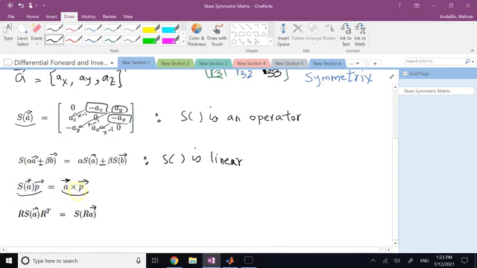This is one of the most important properties of this operator, because in rigid bodies, this cross product happens a lot. And since in this course we are trying to write everything in a matrix notation, instead of having a cross product, we prefer to have a matrix product.